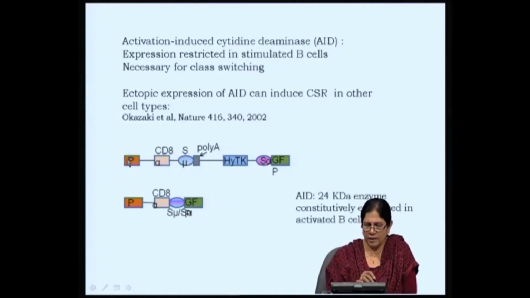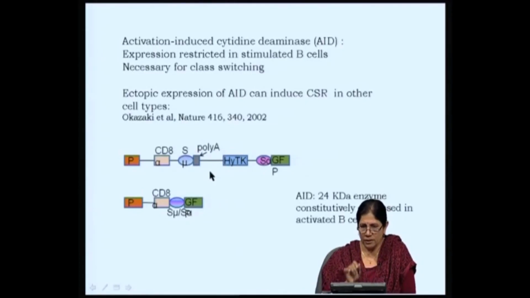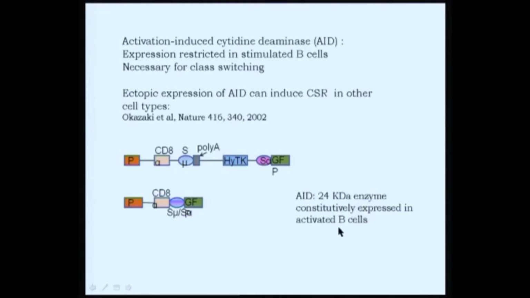The cells were first transfected with this construct and selected by the thymidine kinase gene, which was the selection marker, and then all the cells containing this construct were transfected with AID, the construct that encoded the gene for activation induced deaminase, an enzyme of 24 kilodaltons which is constitutively expressed in activated B cells.